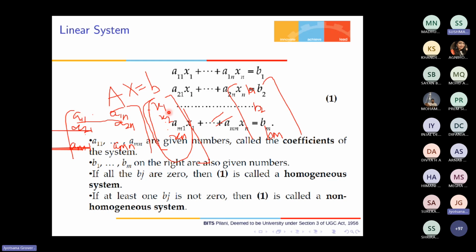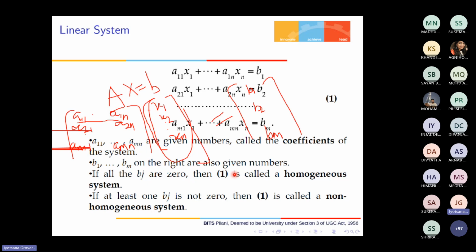You just do the matrix multiplication. A11 into x1 plus a12 into x2 plus so on a1n into xn. Then go to the next row: a21 into x1 plus a22 into x2 plus so on a2n into xn. Now the last row will be am1 into x1, am2 into x2 plus so on amn into xn is equal to bm.